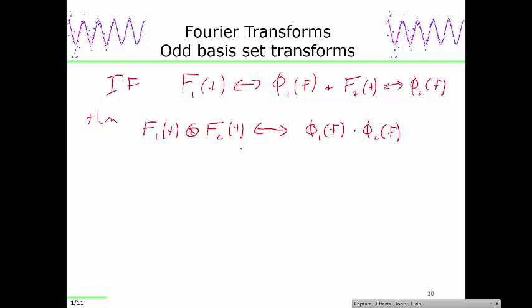So should I give you a quick example? Okay, so let's look at a Gaussian. I'll tell you this function.